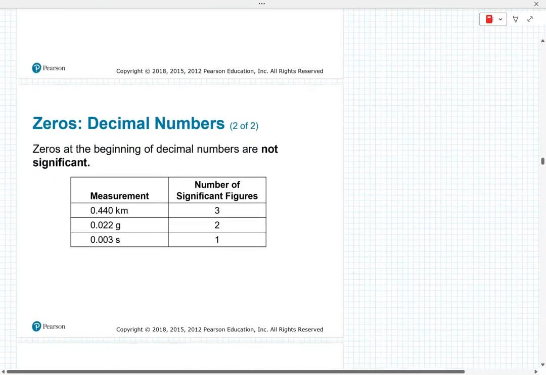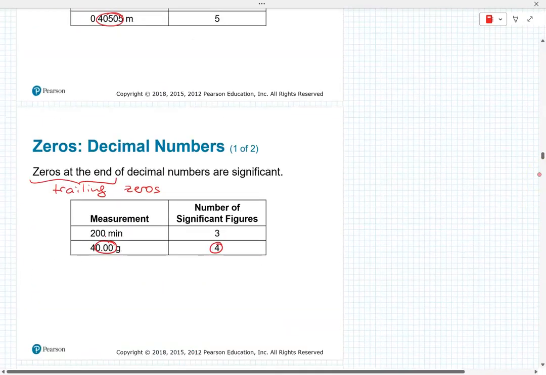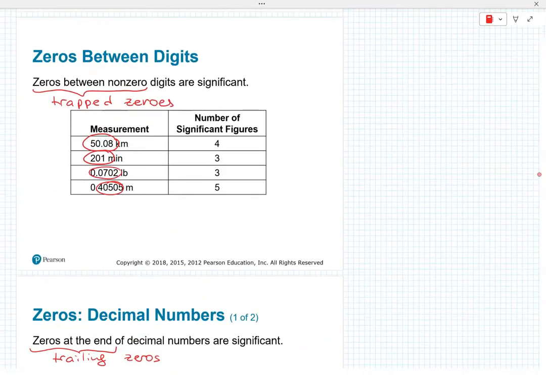And leading zeros. Okay? Am I making sense? Leading zeros are not significant. So this is why in this example we had only 1 trapped zero and only 3 significant figures. Does that make sense to everybody?